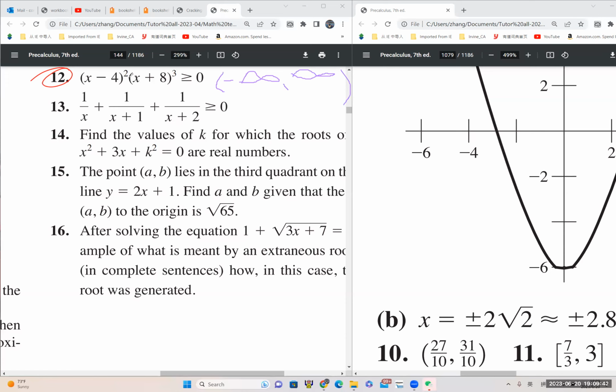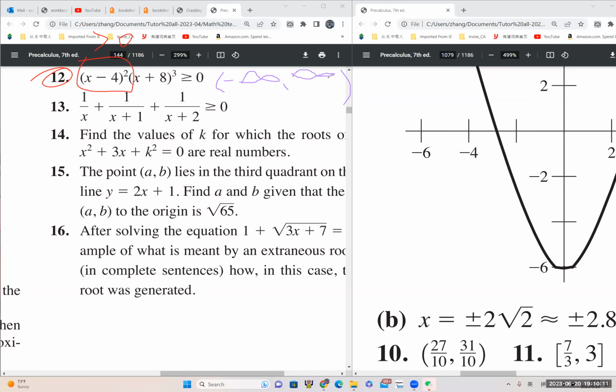So I will think about it in this way. If x equals 4 or x equals -8, then of course it's equal to 0, right? Now we just think about when they are not these two values. That means it will not be 0, right? Then of course this is positive, because it's a square and the base is not 0, so it's greater than 0.